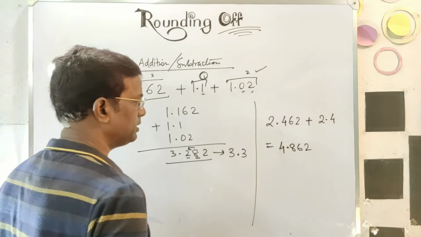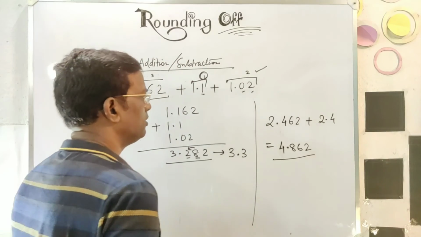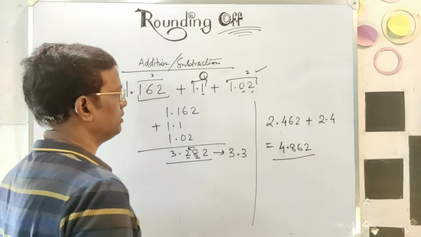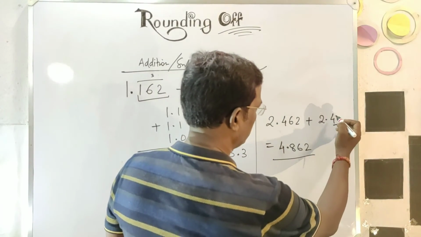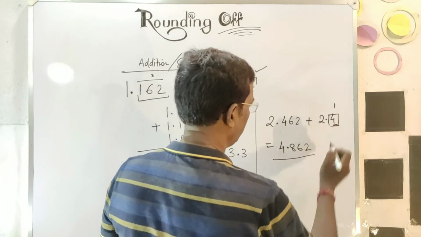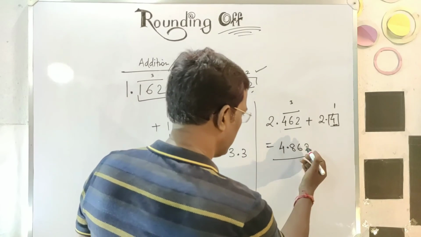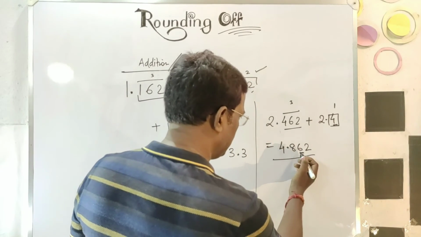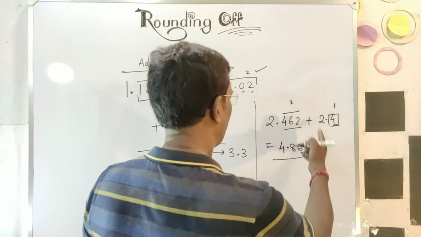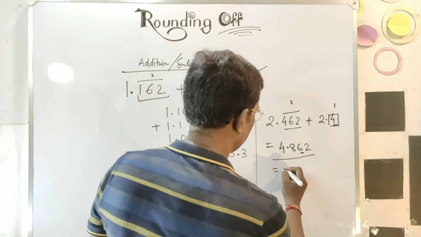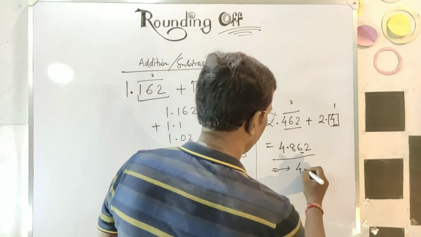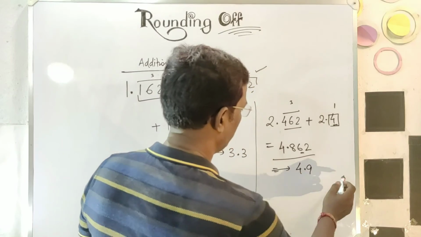This is the sum, but we have to apply the rule first. After the decimal we have only 1 place for 2.4, while 2.462 has 3, so we'll consider the minimum. As the number after 8 is 6, which is more than 5, 1 will be added to 8. So the final answer will be 4.9 and not 4.862.